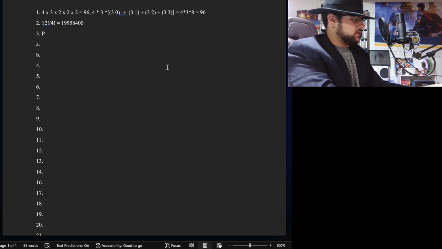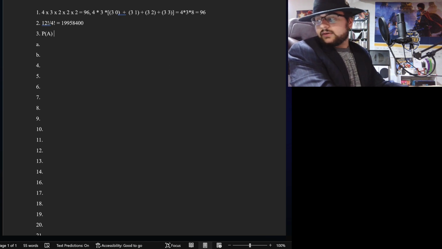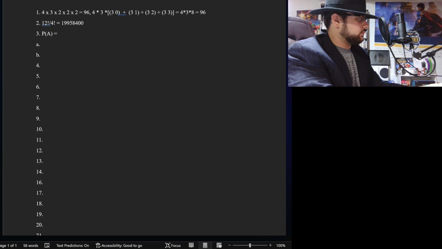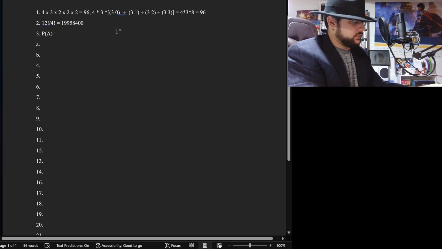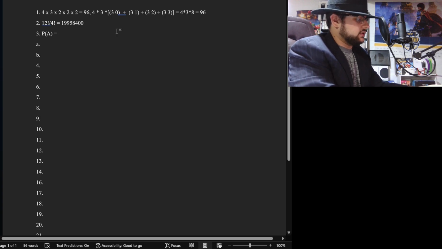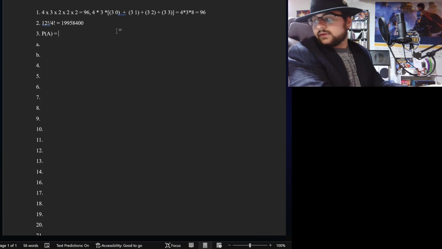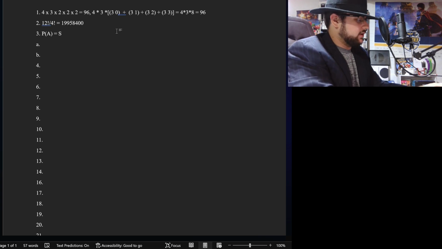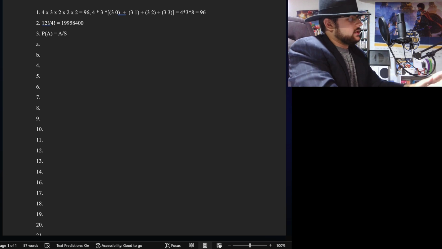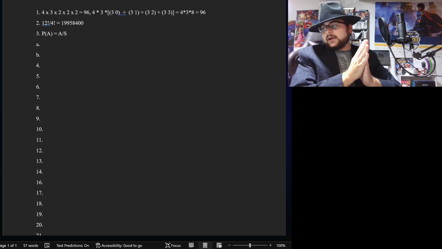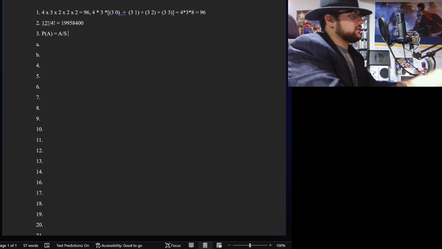They want you to do this, equals bar, hold on, I actually don't know if I can put the bar, but basically it's just like the absolute value of A over S. That's your answer basically, but we just have to fill that in.